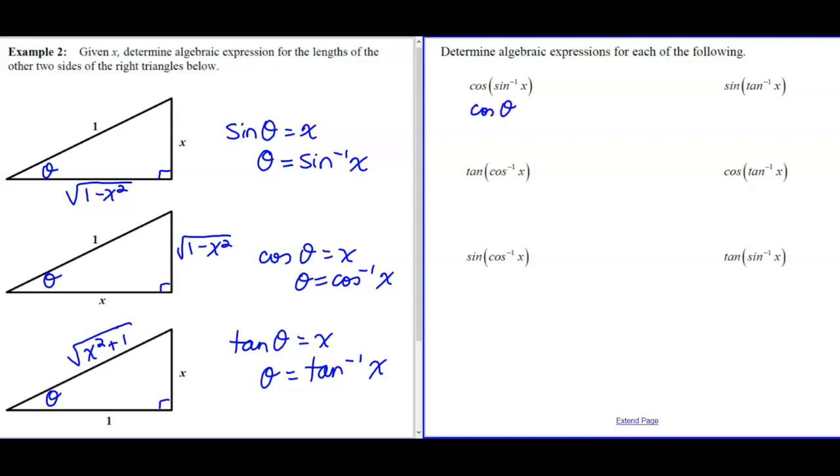Well, in that diagram, what's cos of theta? It's adjacent over hypotenuse. Okay, so cos of inverse sine of x is this.